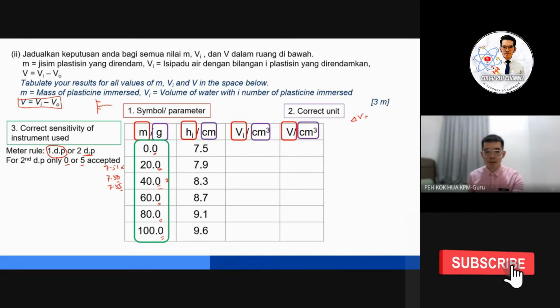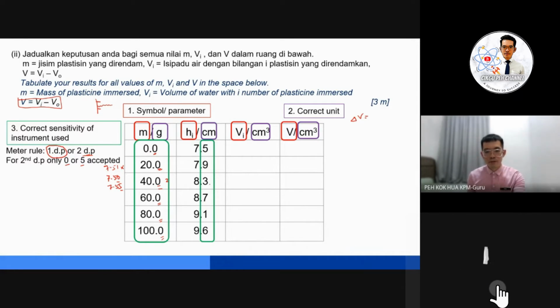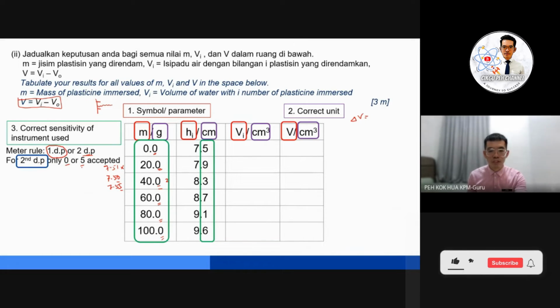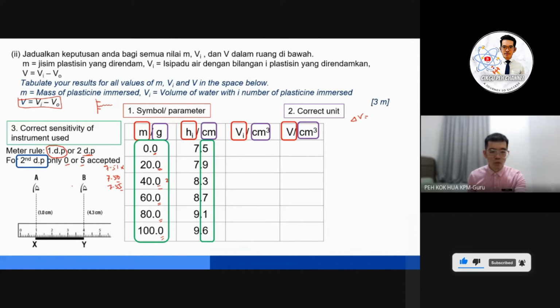You can see my reading here, I just give 1 decimal place. As I mentioned already, for the second decimal place, the possible values will be 0 and 5 only. This is the way you measure, so you have to avoid the parallax error when you take the reading.